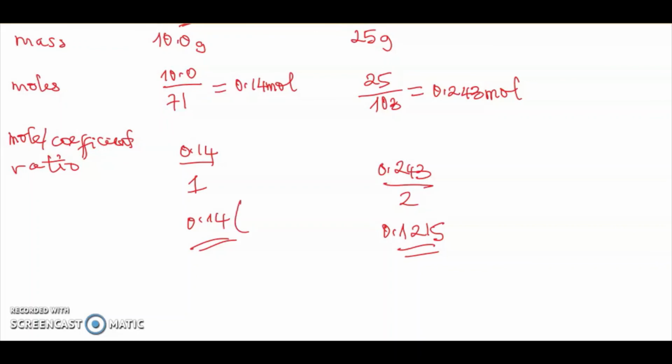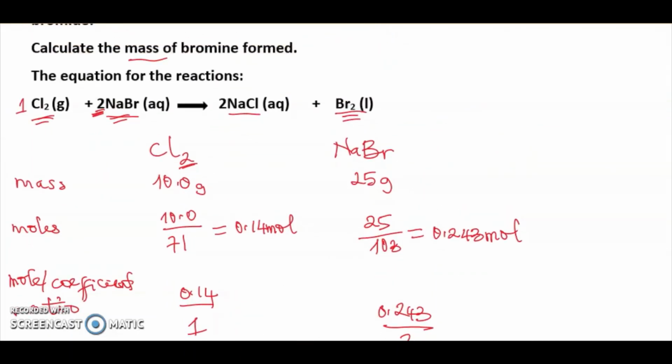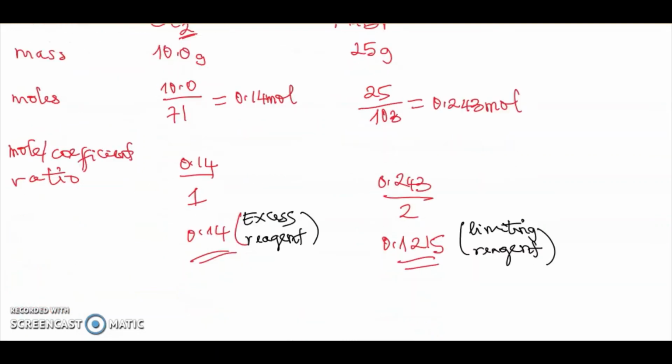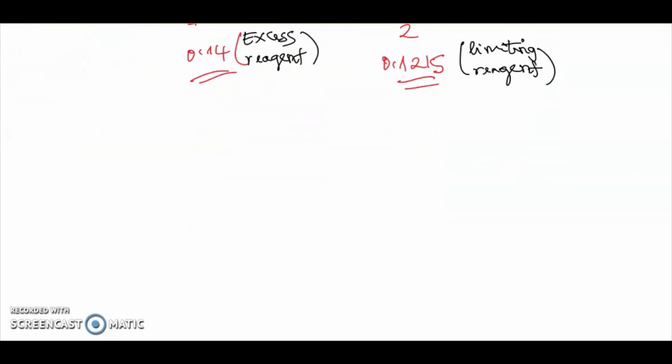So here we have the excess reagent, and here we have the limiting. So sodium bromide is the limiting reagent. Now that we know the limiting reagent, it means what is going to determine the mass of bromine formed in this reaction is the sodium bromide. So we are going to use that to determine the mass of bromine.